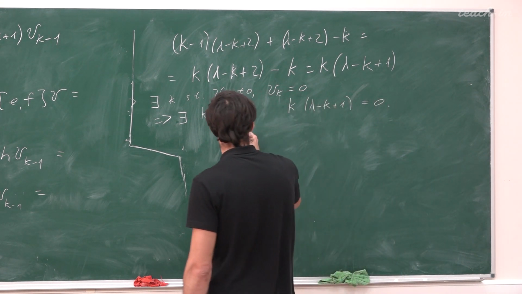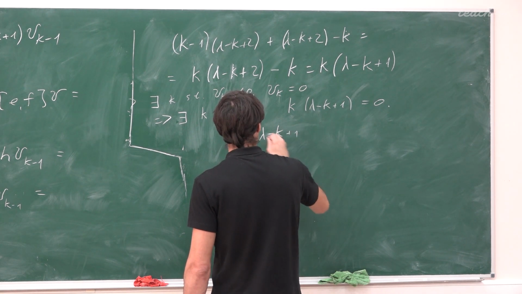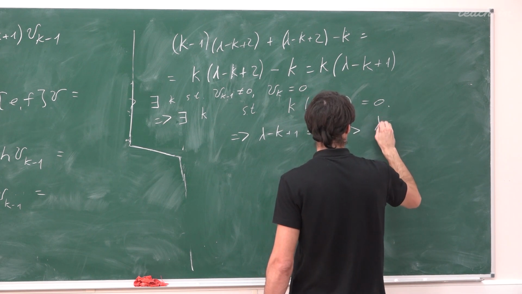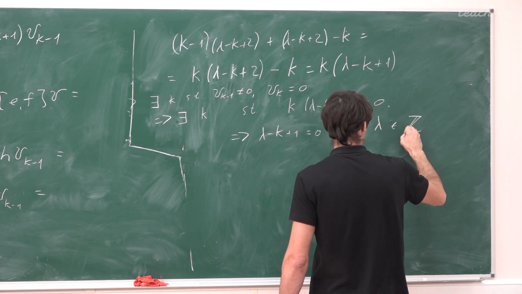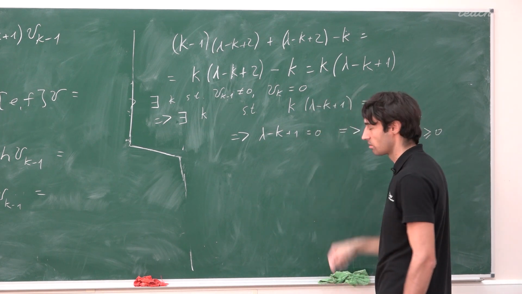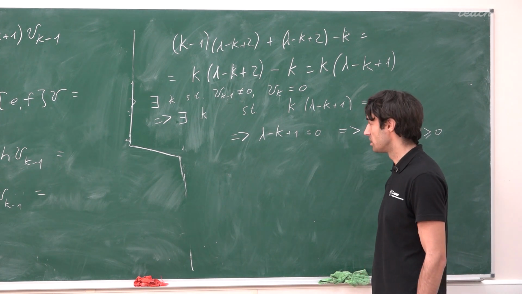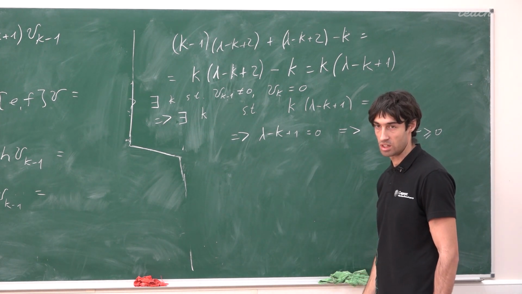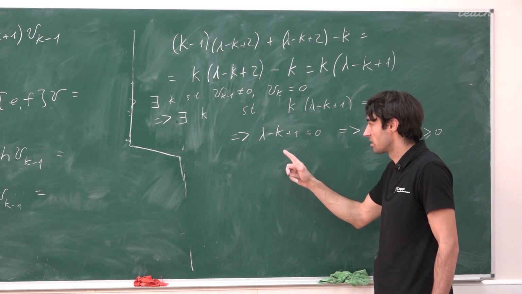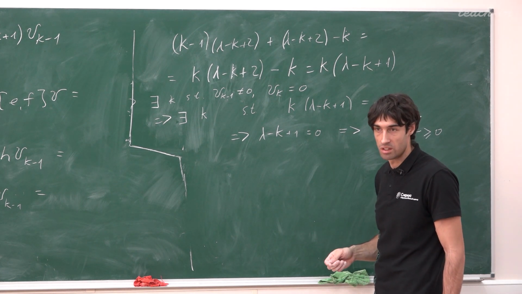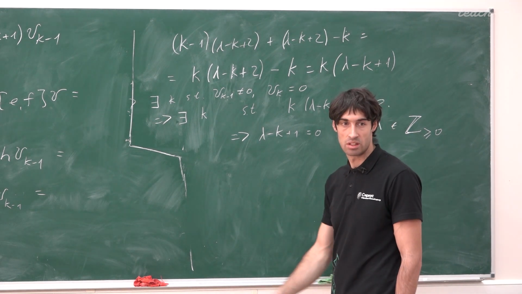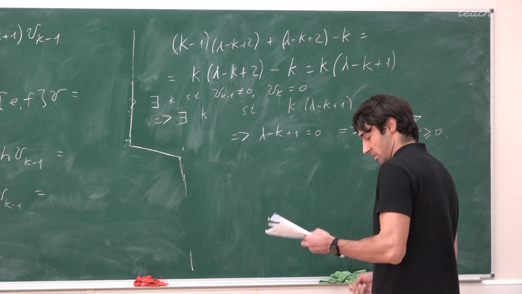Therefore this should be 0, and so lambda is a necessarily non-negative integer in order for this to be 0 for some integer k. So we proved the proposition. Very well.